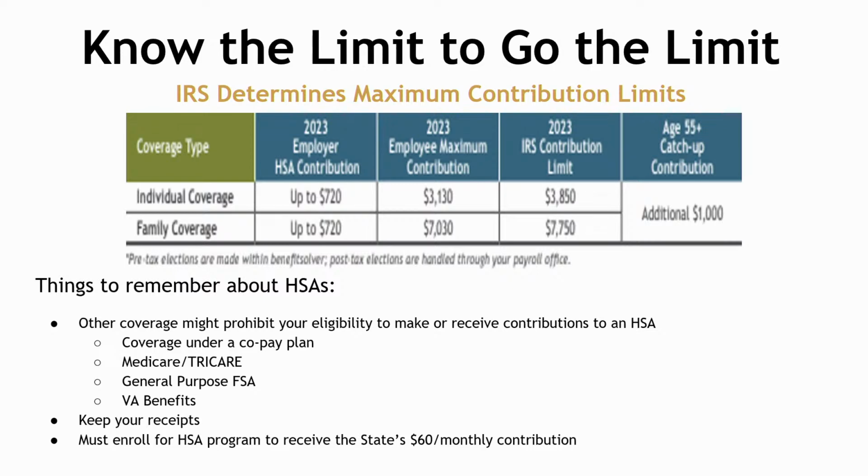So in Benefit Solver, when you sign up for the high deductible health plan, you will then have the option to also enroll in the HSA program. If you do, we will set up the Optum Bank account for you. You don't have to do that. And the state will start contributing the $60 per month. But if you don't enroll for the HSA program, you're not going to get the $60 a month. So make sure that you enroll for both of those.